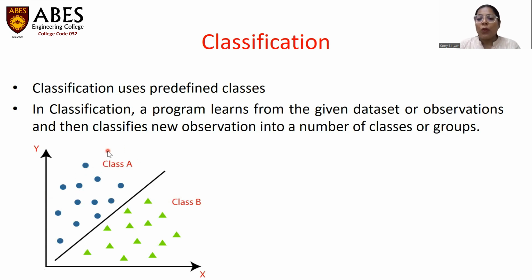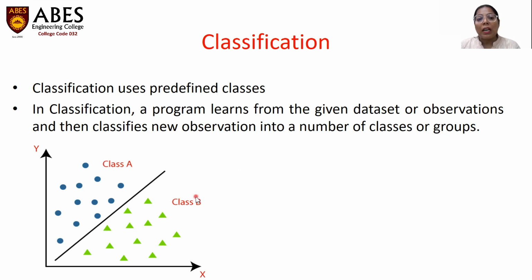So the main objective of classification is to classify into groups, and that also you have defined your classes previously. For example, in day-to-day life, if I show you an apple and ask what is the class of this apple, you will say this is fruit. So apple belongs to the fruit class. And if I show you the image of a Swift Dzire, you will say this belongs to the class car.